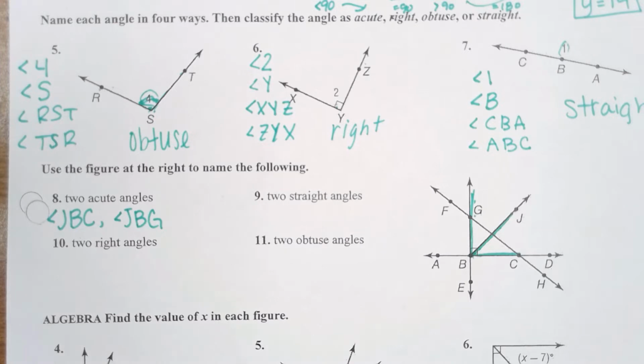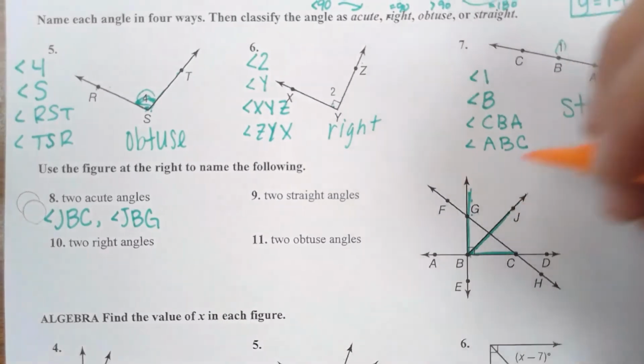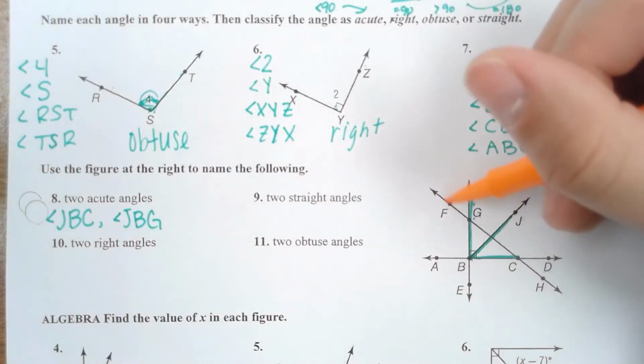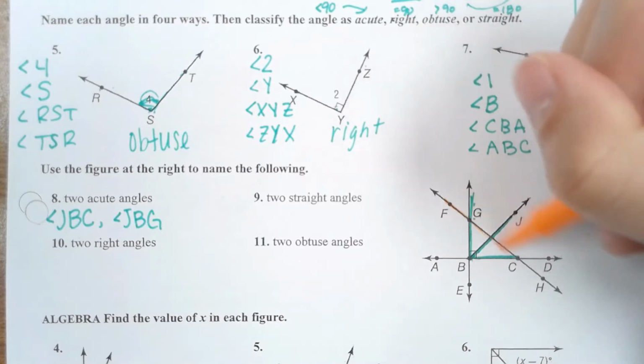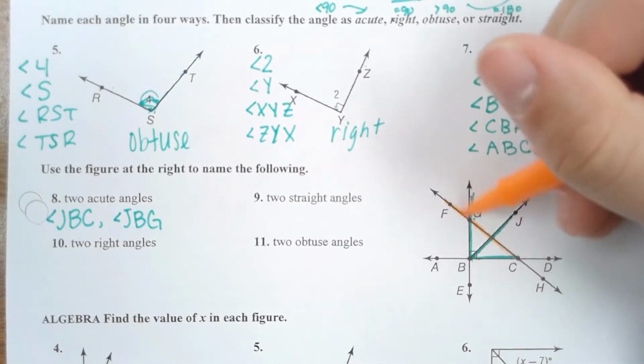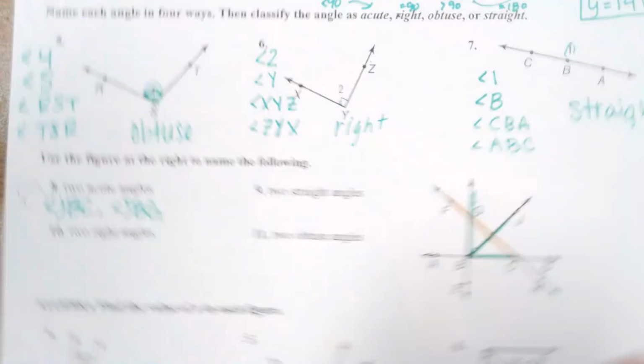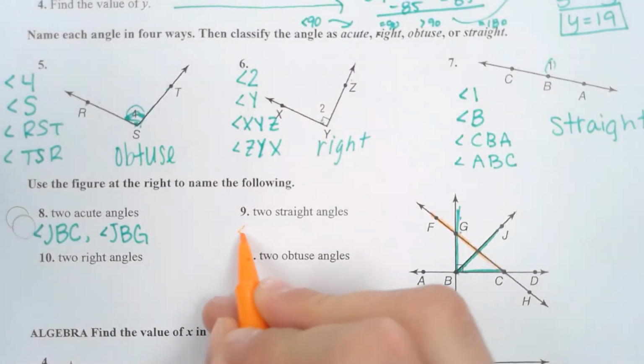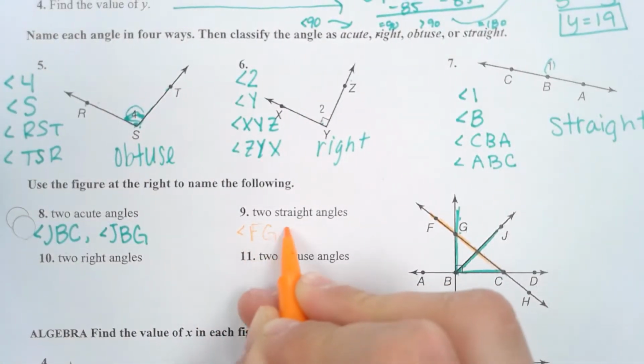So we're just looking for straight lines here. So the first one that I see, I'm going to use a different color to help us out. Again, you just need 3 letters to name it. So first one I see here is FGC, because that forms a straight line. So angle FGC.